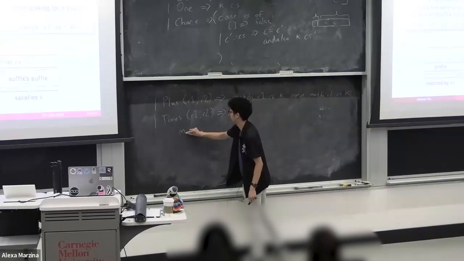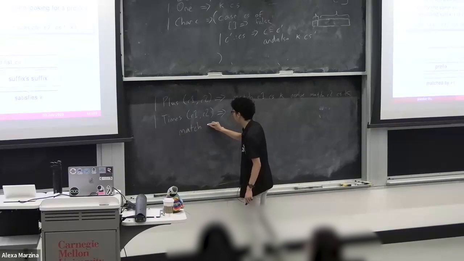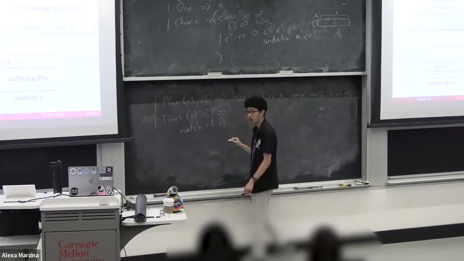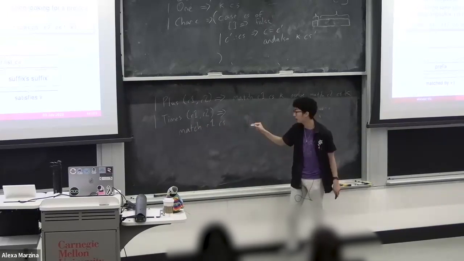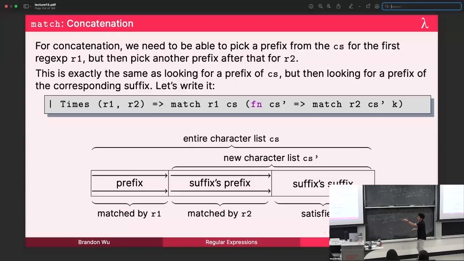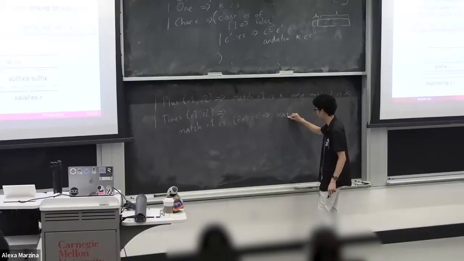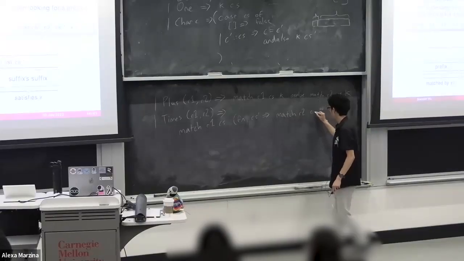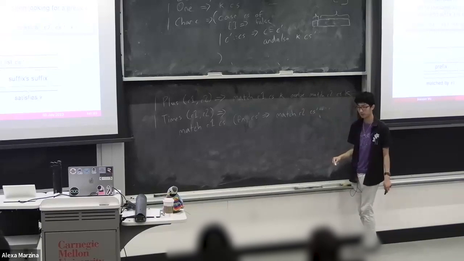So the implementation is going to look like this. I want to first find a match for R1 on Cs. And if I do, I continue with Cs prime, which is this entire thing. That's Cs prime after I find this thing. Then of Cs prime, I want to find a prefix for it matching R2, okay?